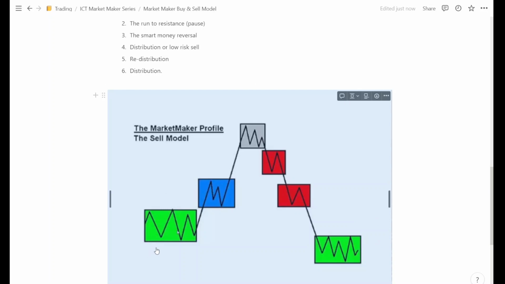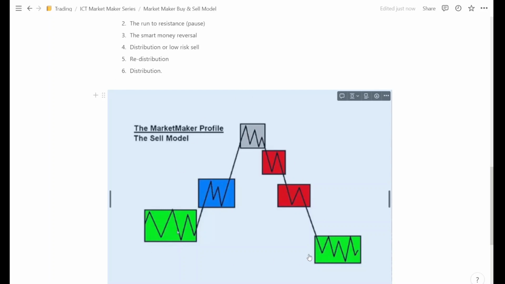So if there is, let's say, a weekly fair value gap, and price consolidates before it, fails to fill it, and then moves away, you begin to anticipate a market maker sell model that will come back to take out this low. This is the first leg of the model, and this is the second leg of the model that fills this low.